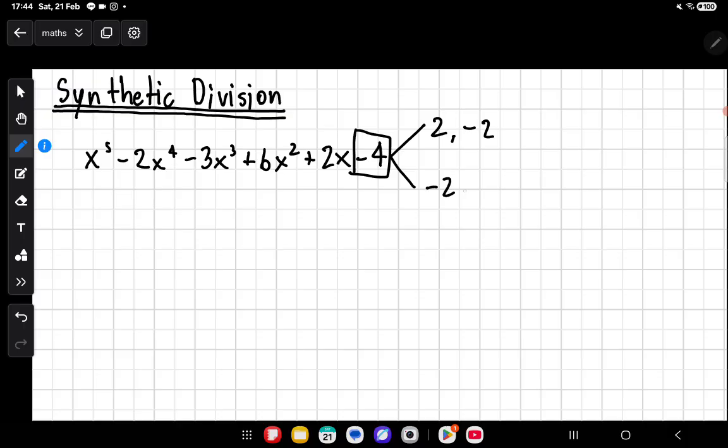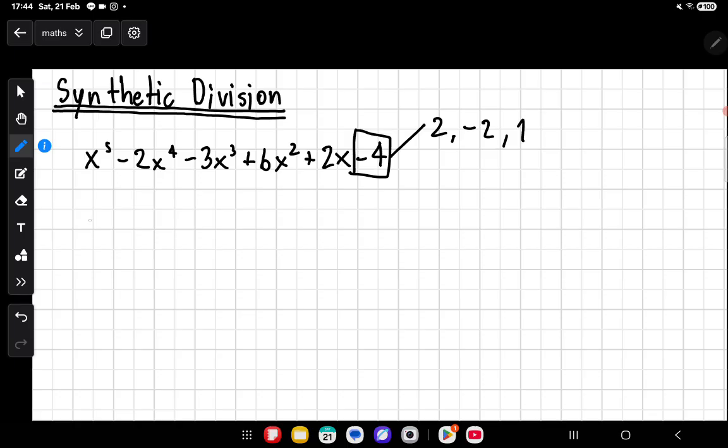So we're going to choose one out of these. So will it be 2, negative 2, 1, or negative 4? Or negative 1 or 4? It depends, but let's try the 2's for now. Or we could try the 1 first to make it simpler.